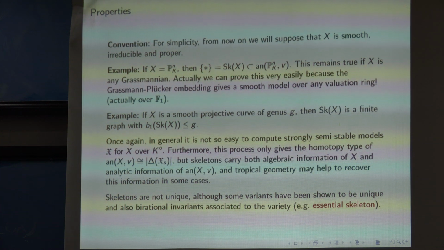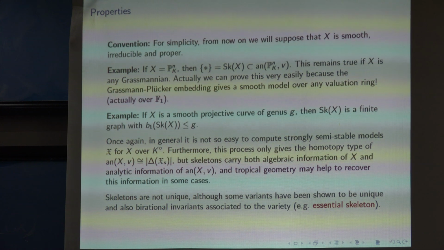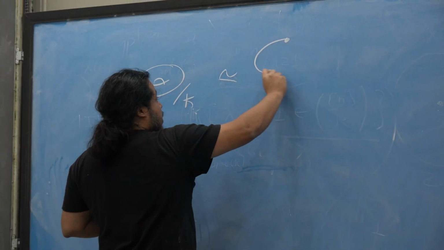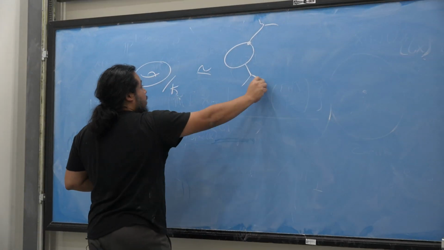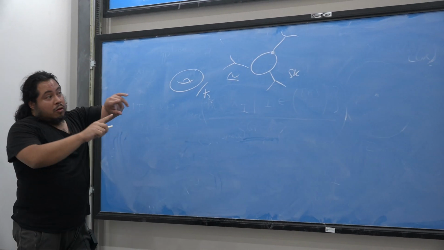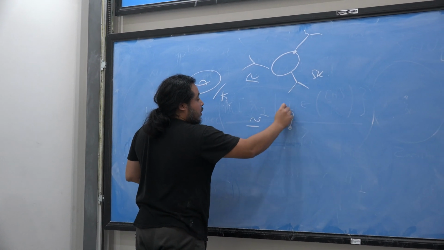I'm just recovering something which is at most that. So for example, if you have an elliptic curve over K, the skeleton is a finite graph with at most one cycle. But it may happen that this is just a tree.